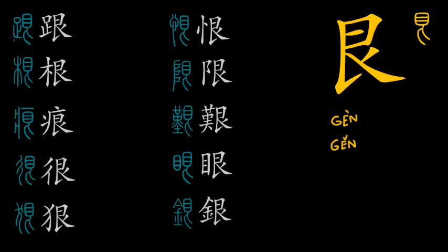The reason why I'm showing you these seal script characters here and this one over here is just to show you what the character used to look like before, because in some cases the regular script characters, the ones that we use today, are so heavily simplified and formatted that some elements are very obscure or hidden, and it's quite hard sometimes to understand the etymology and the history and the phonetic relations in the character.